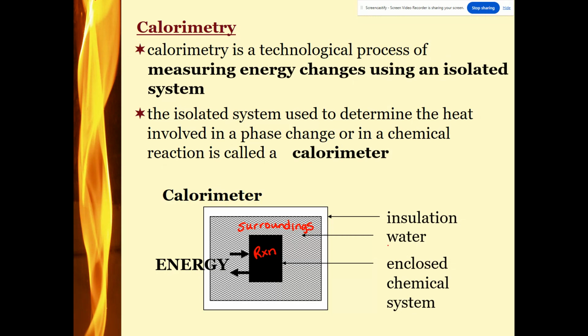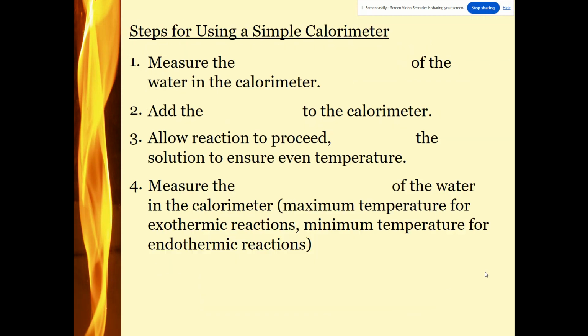Usually the calorimeter is made of water because it's very easy to measure when water goes through a temperature change how much energy it is either absorbing or releasing, measured with our formula Q equals mcΔT. And we know that the energy change that the water is going through is coming from the reaction. So this helps us determine what's happening in a reaction.